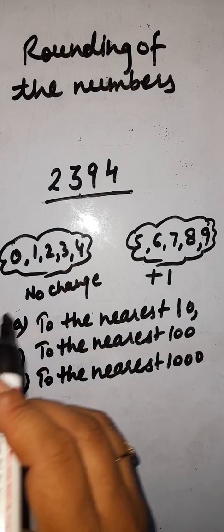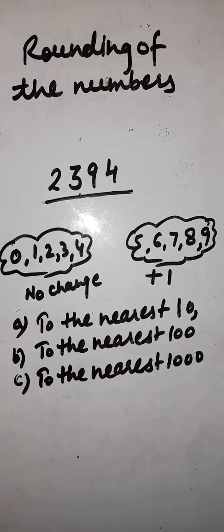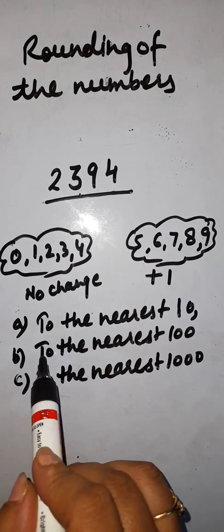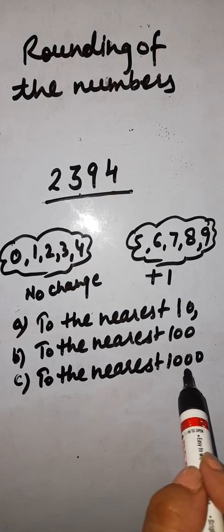Okay. Rounding of the numbers to the nearest 10, to the nearest 100, to the nearest 1000.